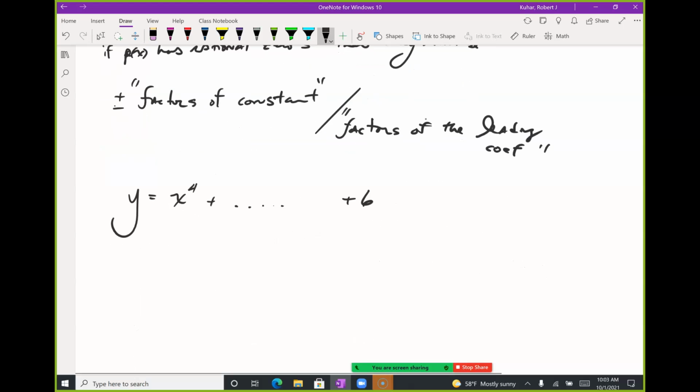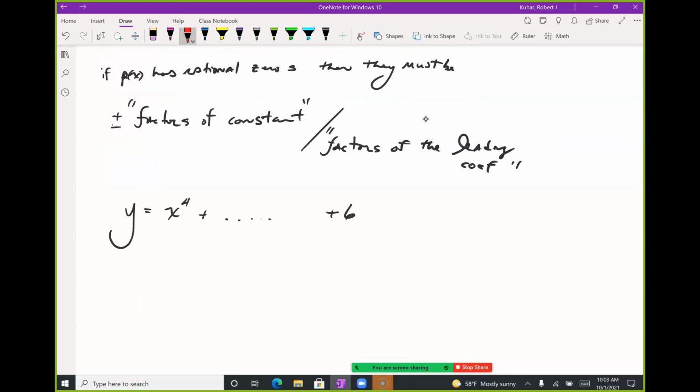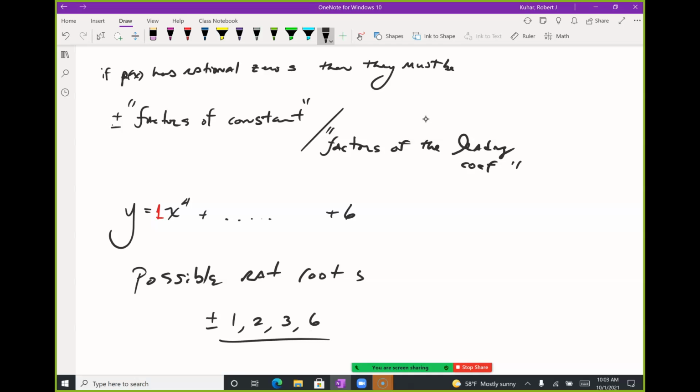So you can see my leading coefficient is 1, and my constant is 6, right? So the possible rational roots, I like to say rat roots, sorry, possible rat roots are coming from plus or minus 1, 2, 3, and 6 over plus or minus 1.